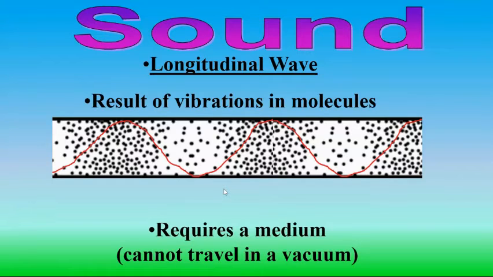Okay. So sound results in the vibration in air molecules, or it doesn't have to be the air. I mean, sound can travel through solid objects as well. But if you imagine that the air around you, if you could see the air molecules, there'd be trillions and trillions of them, but they'd be closer together wherever there is a high pressure part of the sound wave, and they'd be farther apart when there's a low pressure.